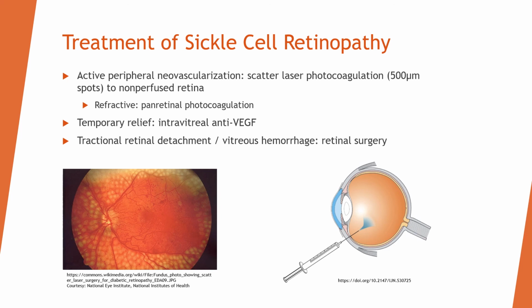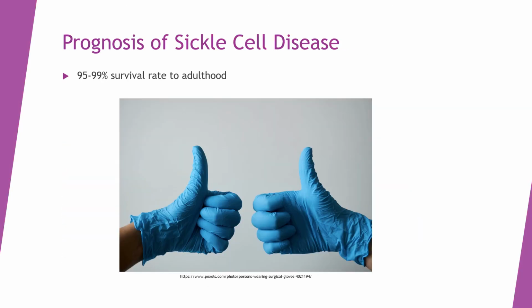An intravitreal anti-VEGF can act against neovascularization and provide temporary relief. In cases of tractional retinal detachment or vitreous hemorrhage, retinal surgery is indicated by retinal specialists. Nowadays, with proper care and adequate treatment of sickle cell disease, patients have 95 to 99% survival rate to adulthood.